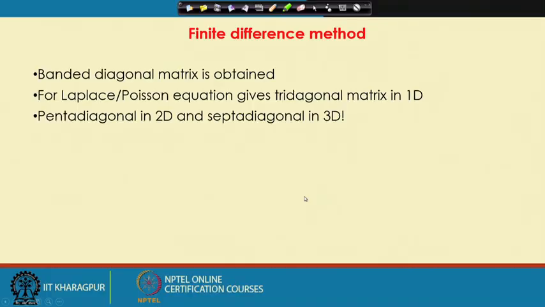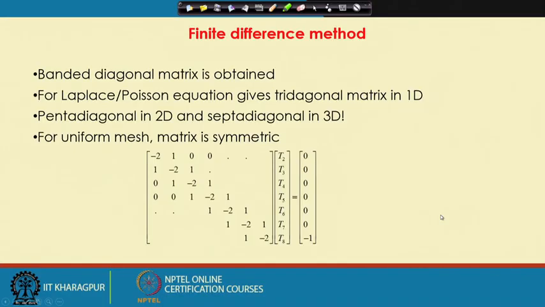The bandwidth for tridiagonal is 3, for pentadiagonal it is a little more than 5, but there are 5 diagonals. For a 3D problem, it gives a septadiagonal, or there are 7 diagonals, 1 diagonal and 6 off diagonal bands, in which all the non-zero terms are available, and everything else is 0. So, these are sparse matrices, and also banded matrices.